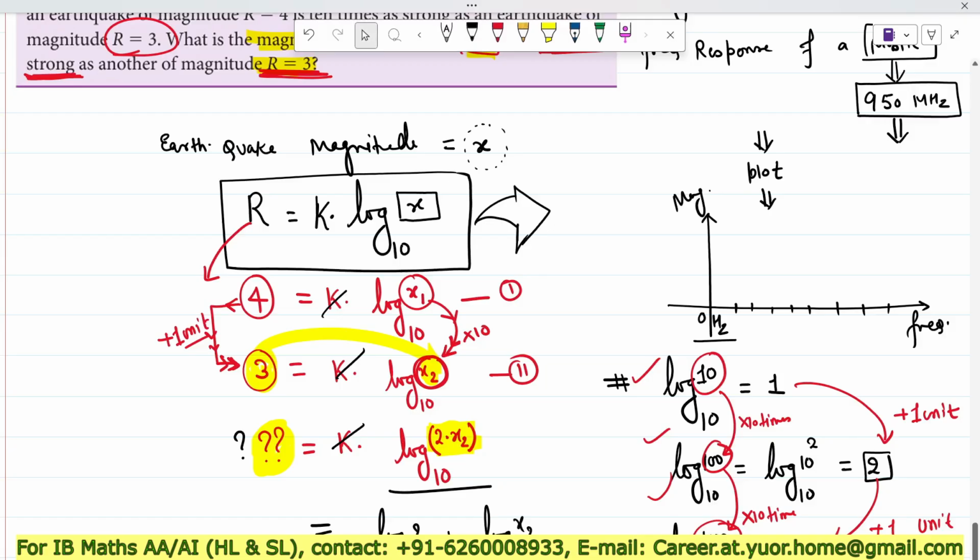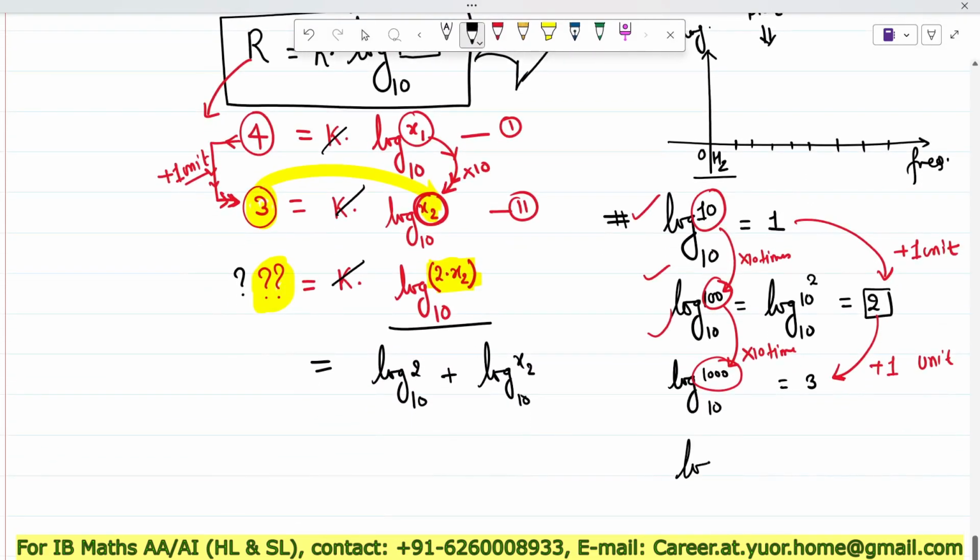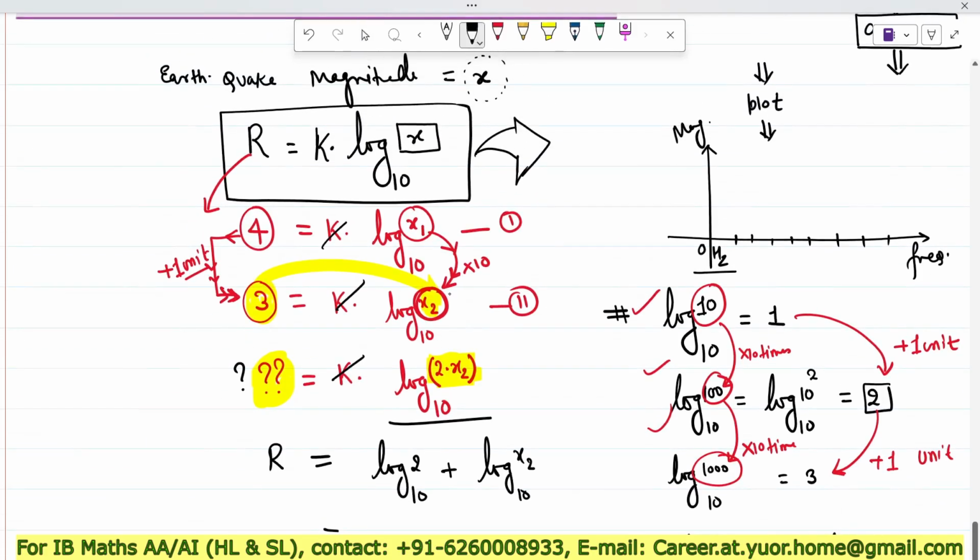If you have log base 10 of a into b, you can write log 10 a plus log 10 b. So can we write using this property?